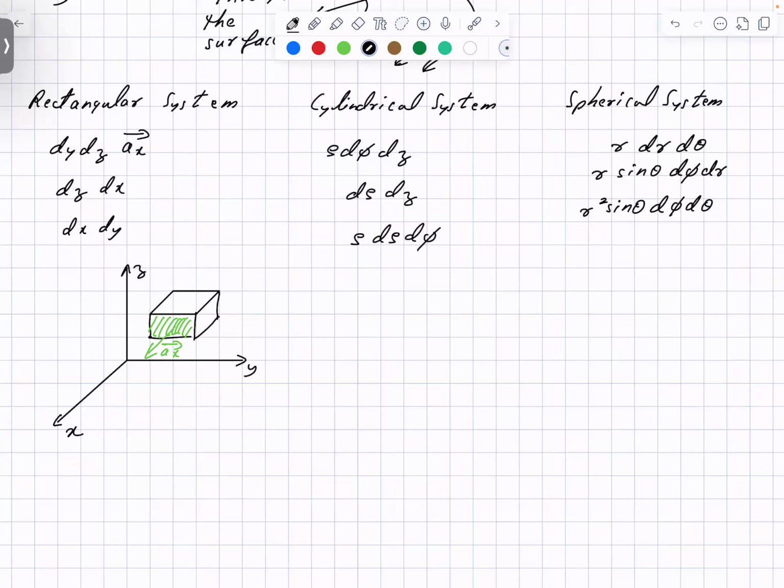Similarly, we can talk about the surface dz dx. That means y is fixed, so that would be this surface on the right. The unit vector perpendicular to that surface would be ay, and we add that direction to the surface over here. We'll write ay. Similarly, the third one will have unit vector az.